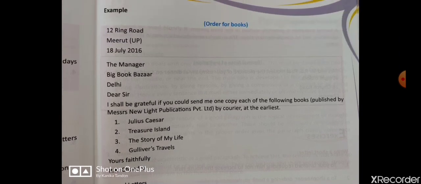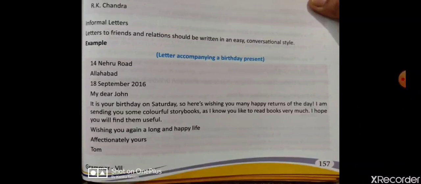Now if we come to the informal letter, first we have to write the address of the sender. If I'm writing this application, I have to mention my address first, and then the date, and then to whom I am writing, that will be the salutation, my dear John.